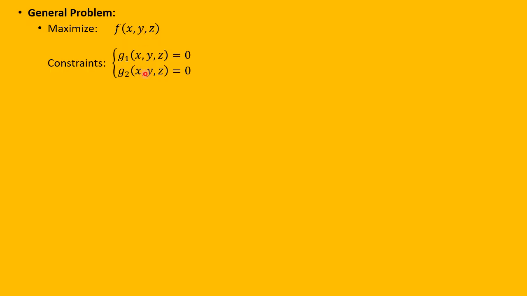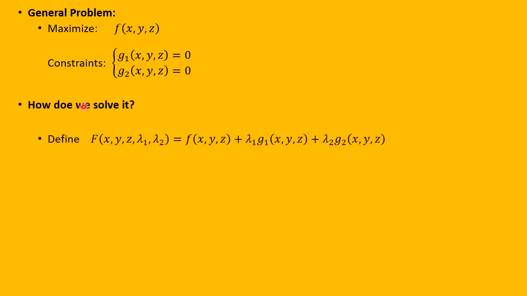So how do we approach this using the method of Lagrange multipliers? Well, we will introduce a new function which I'll call capital F. Capital F is going to be a function of x, y, z, and two Lagrange multipliers, lambda sub 1 and lambda sub 2. Since we have two constraints, we'll have two Lagrange multipliers.